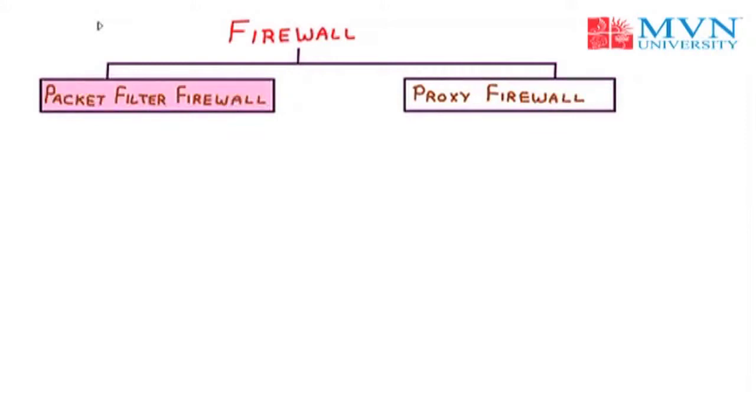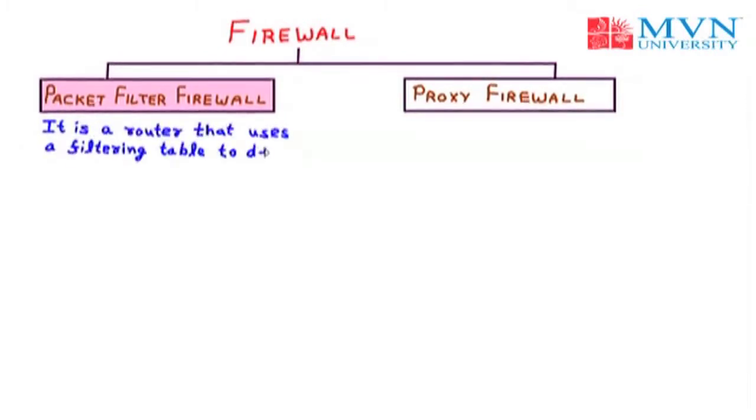A packet filter firewall is a router that uses a filtering table to decide which packets must be discarded or which packets must be forwarded. So the firewall can be used as a packet filter.